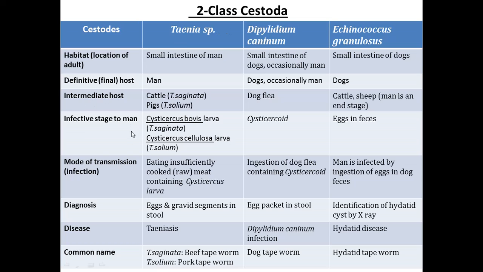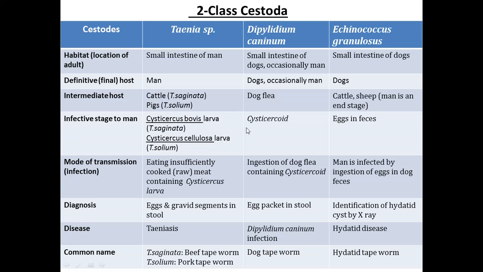In case of Taenia species, the Cysticercus bovis larva, which is the infective stage of Taenia saginata, was formed inside cattle like cows, البقر والحيوانات دي. This is the intermediate host of Taenia saginata. But Cysticercus cellulosae larva was formed inside pigs, خنازير, which are the intermediate host of Taenia solium.